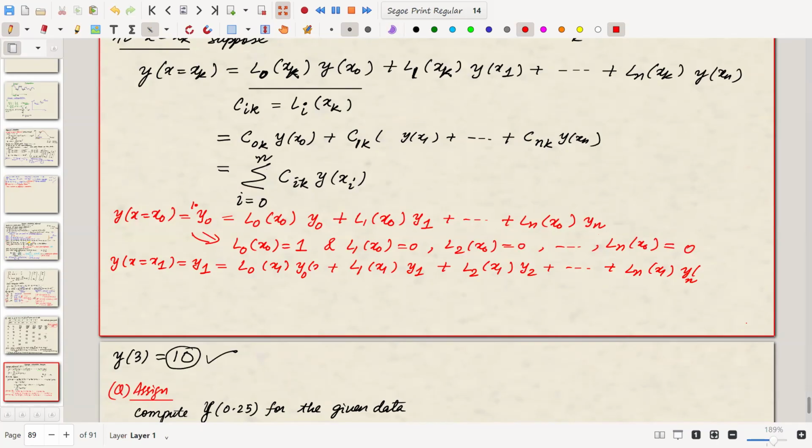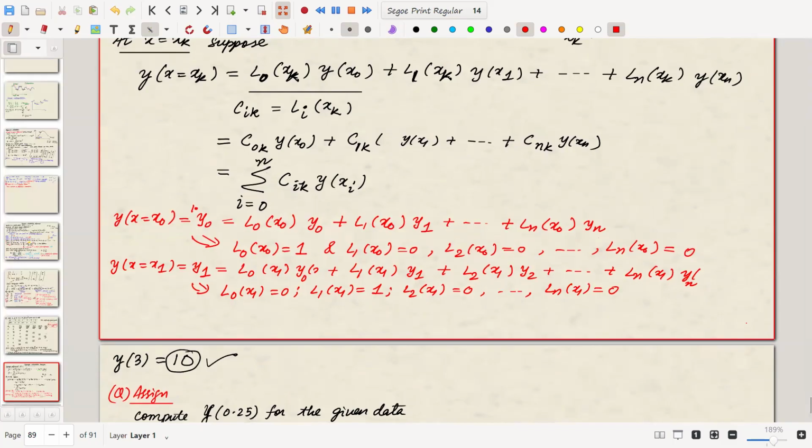Now, what is going to happen? L0 of x1 equals 0, because y0 is there. It has to be equated with y1, and this is L1 of x1 times y1. So L1 of x1 equals 1, but the others should be 0, right? L2 of x1 equals 0, and all the others, Ln of x1 equals 0. Now from all of these values, are you observing something?